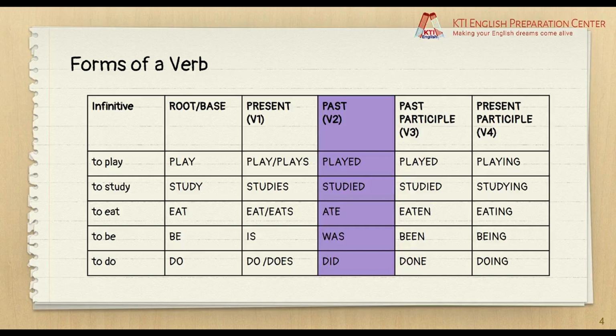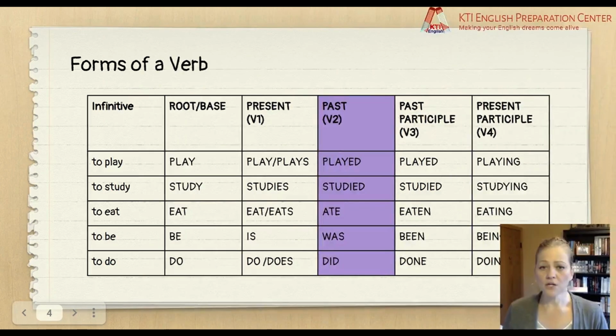Verb 2 is the one we are going to use today. I've highlighted the column purple. That's the verb 2, the past tense form of the verb that we're going to use for the simple past. We have the past participle. We used that last week. Present participle, we will do verb tenses for that one as well. So no worries, we'll come to that.